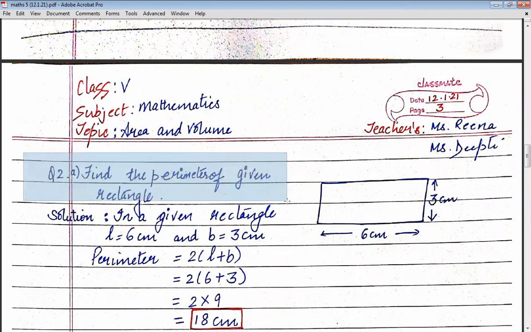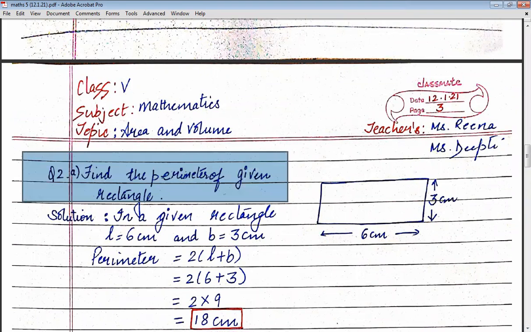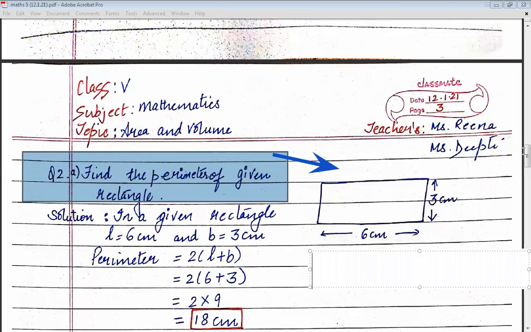Now, in the first one, you have to find the perimeter of the given rectangle. Now, children, you are given with this rectangle. Okay, now in this rectangle, can you tell me what is the length? Yes, you are right. Here L is equal to 6 centimeter.